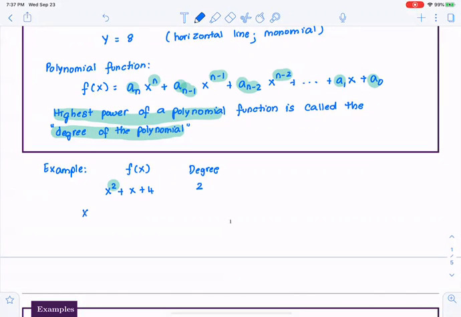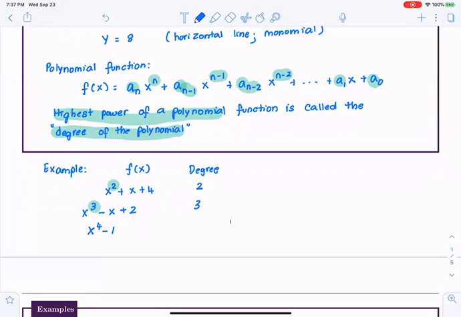Suppose I had x cubed minus x plus 2. It is a trinomial because it has 3 terms, but in terms of a polynomial function, the highest power is 3, so the degree is 3. Now, I could have another function such as x raised to 4 minus 1. There are only 2 terms in that expression.